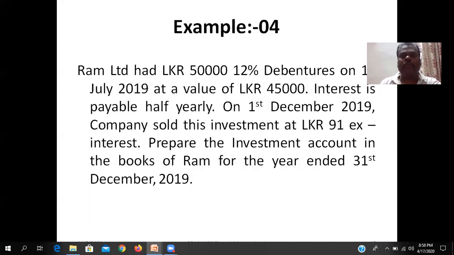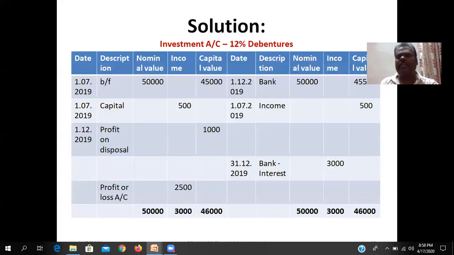Then what we do, on 1st December 2019, the company sold this investment. The entire investment has been sold at 91 ex-interest. So what is the double entry for the sale of investment? Bank account debit, investment account credit. So we will credit to the investment account on 1st December 2019, bank, nominal value 50,000.